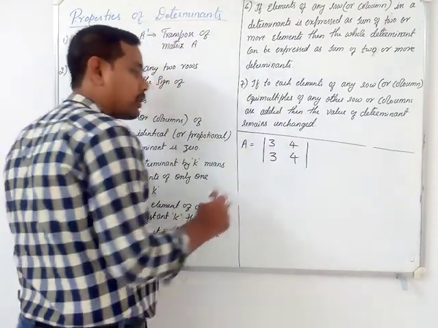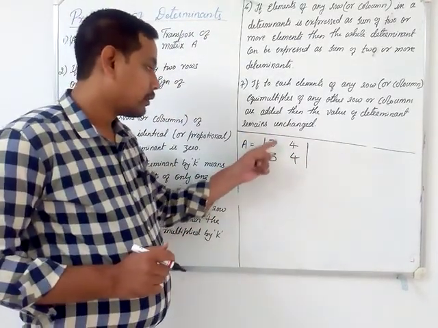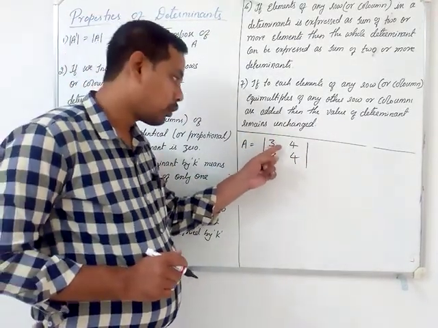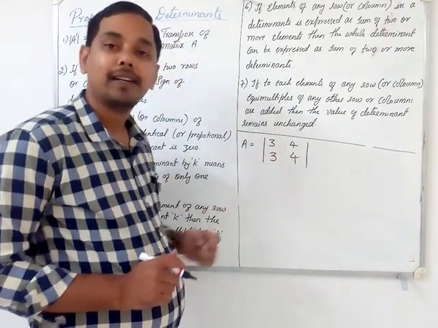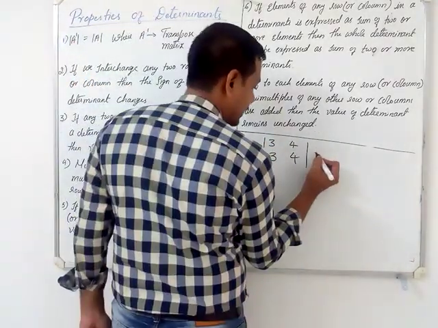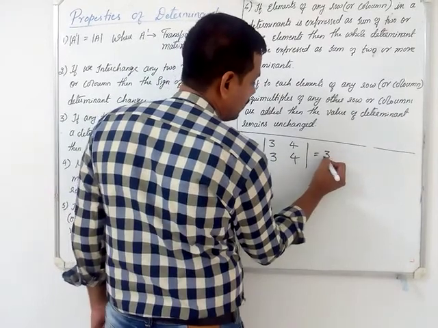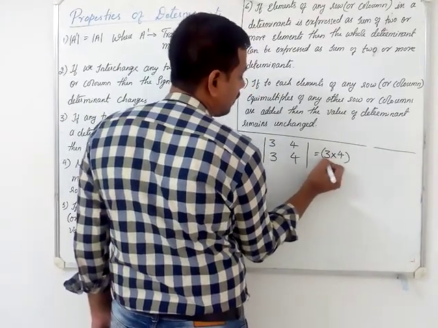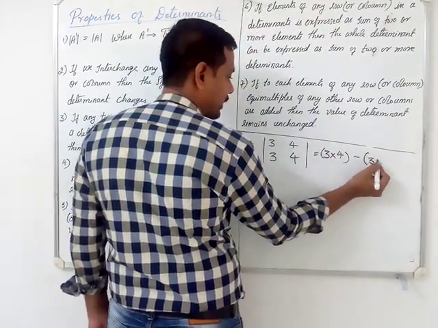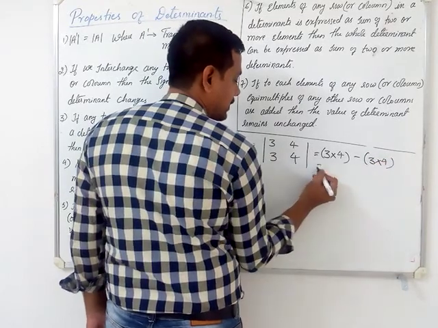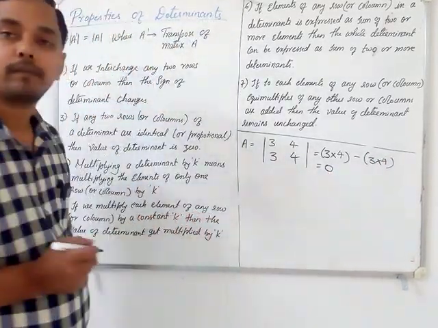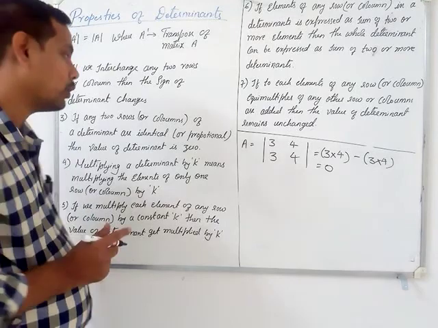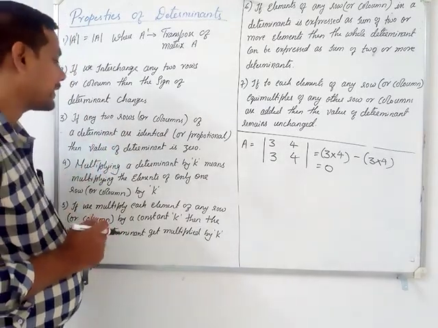Here what is the thing? Two rows are identical. Then what is its value? 3 into 4 minus 3 into 4. That is nothing but 0. So if they are identical, then the determinant is 0.